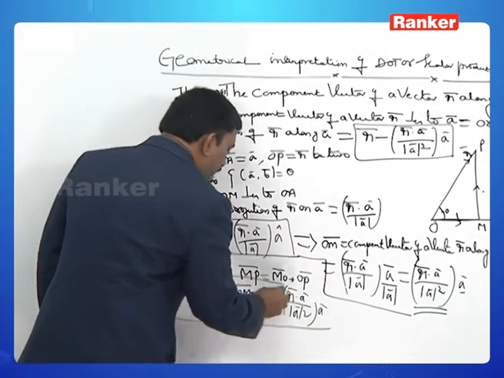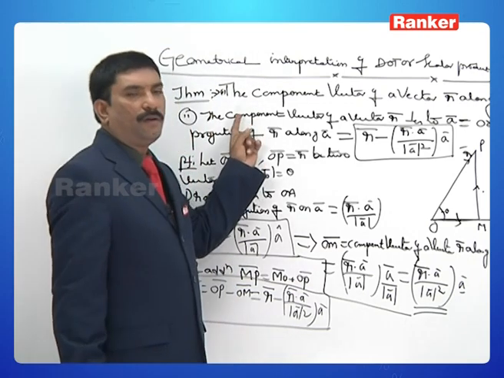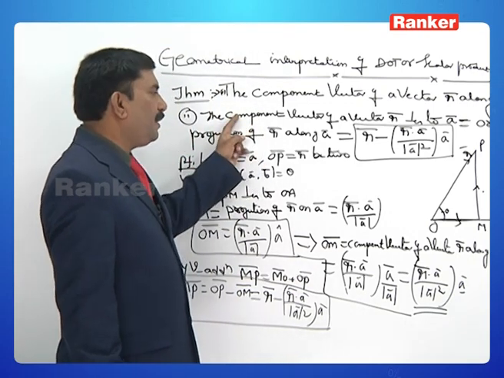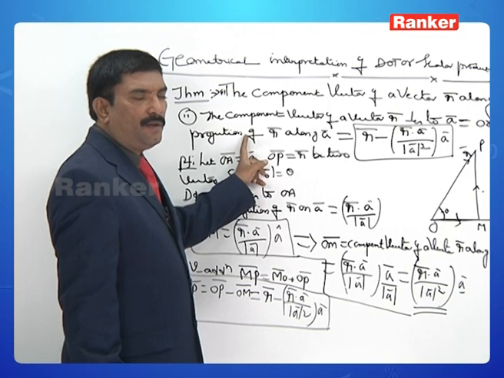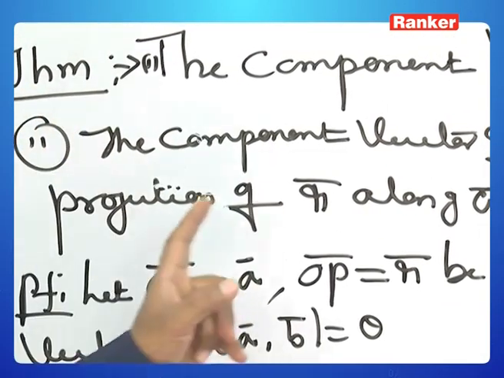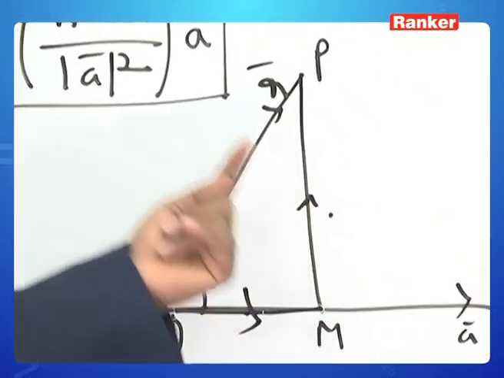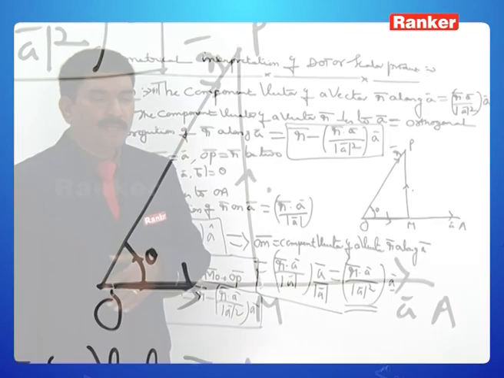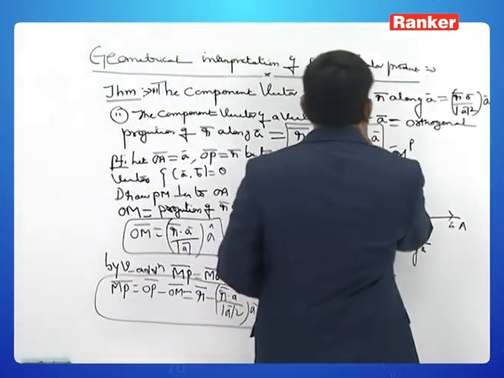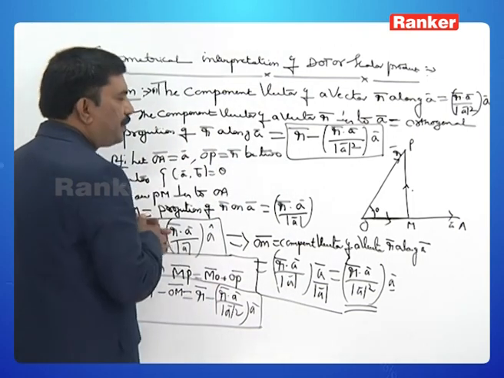This is the component vector of R bar perpendicular to A bar, the same as the orthogonal projection.